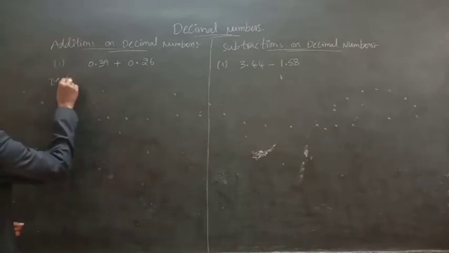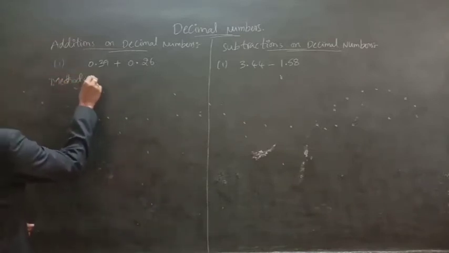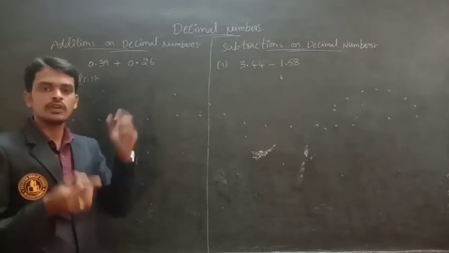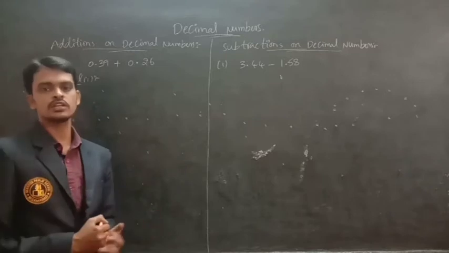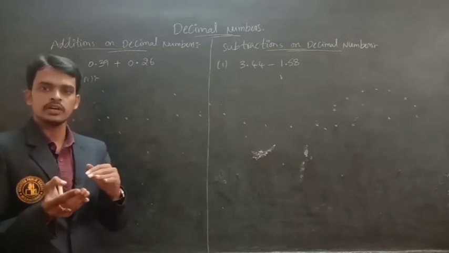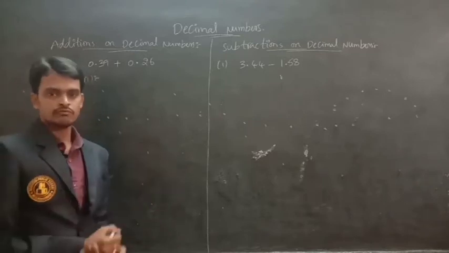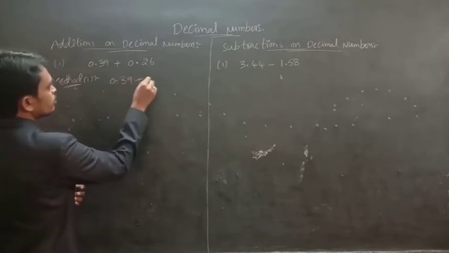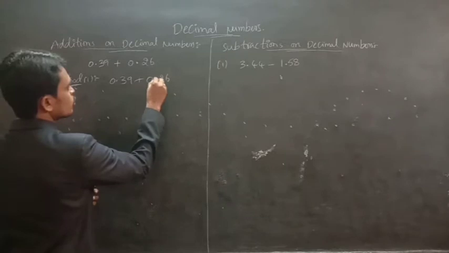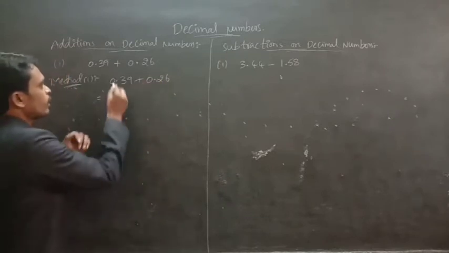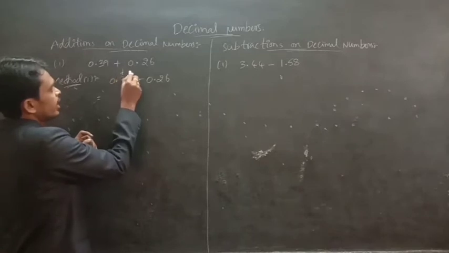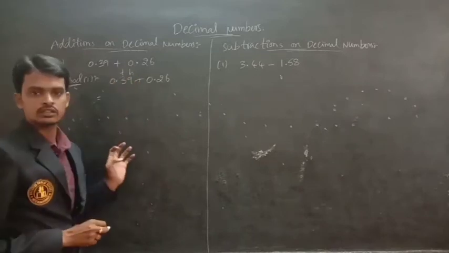In method 1, we convert these decimal numbers into fractional numbers using place value. So 0.39 plus 0.26. Here the first digit after the point is tenth and the next is hundredth.